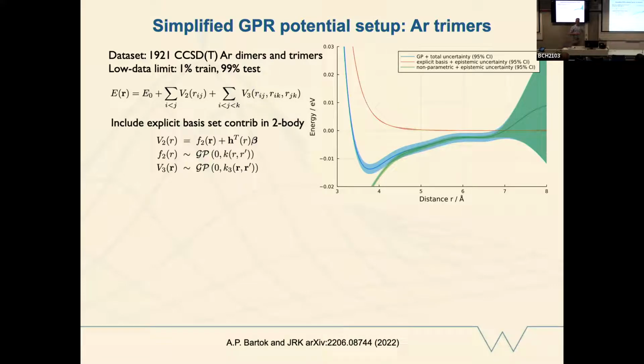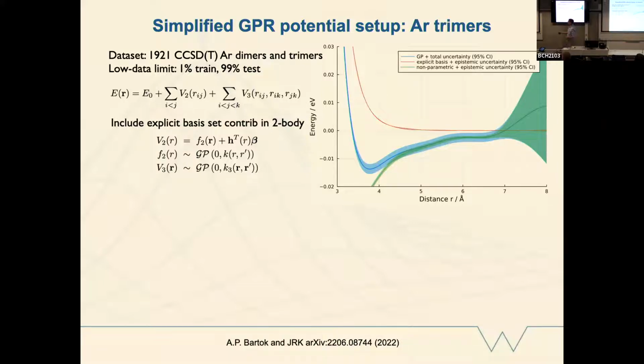The change I made over the standard GP framework is that I'm including explicit basis set contributions to the zero position. So we have a flexible GP contribution, and then we also have an explicit basis set. This is similar to delta learning, where we have some difference from the baseline model, except that this beta is a random variable rather than a fixed deterministic quantity, and it will also contribute to the uncertainties.